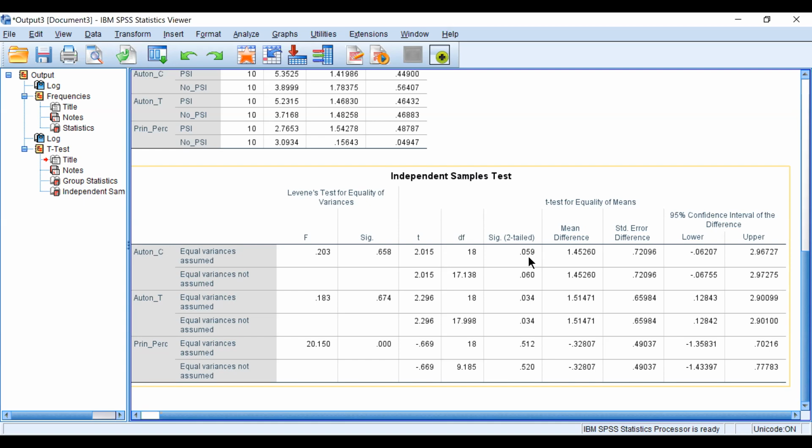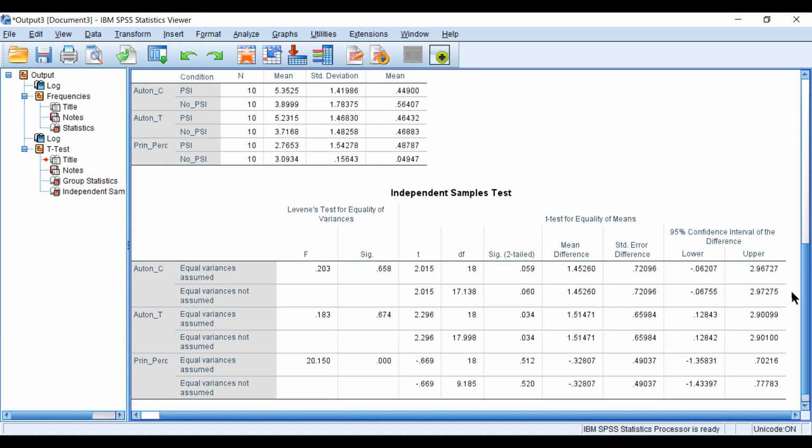The t-value is unaffected by that, because that's the obtained t-statistic; SPSS does not report a critical t-statistic. The degrees of freedom aren't affected. The mean difference is the difference between condition 1 and condition 2. You can actually recreate all of these things.